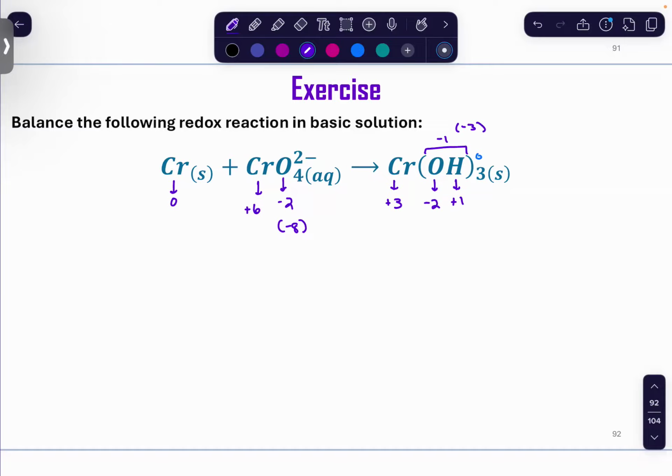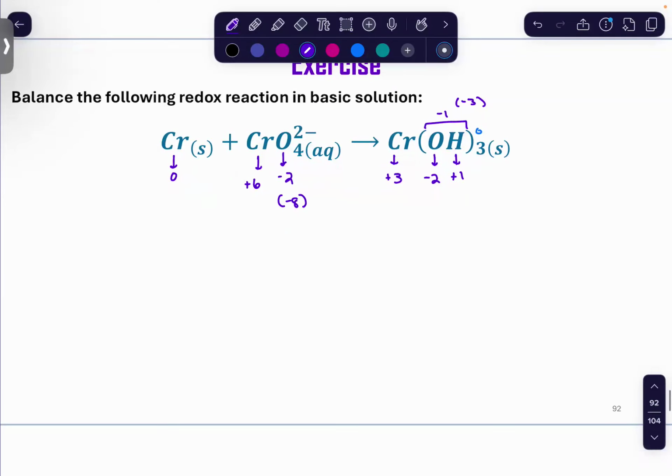Okay, so there's our oxidation numbers. Now let's split into redox reactions. Chromium in this case is both oxidized and reduced. So let's look at our oxidation half reaction. Solid chromium goes to your chromium hydroxide, your chromium 3 hydroxide.